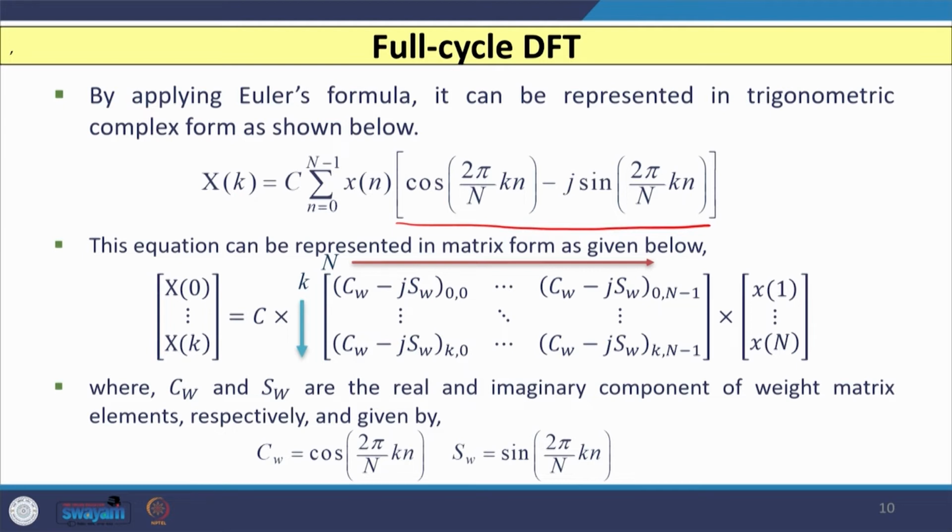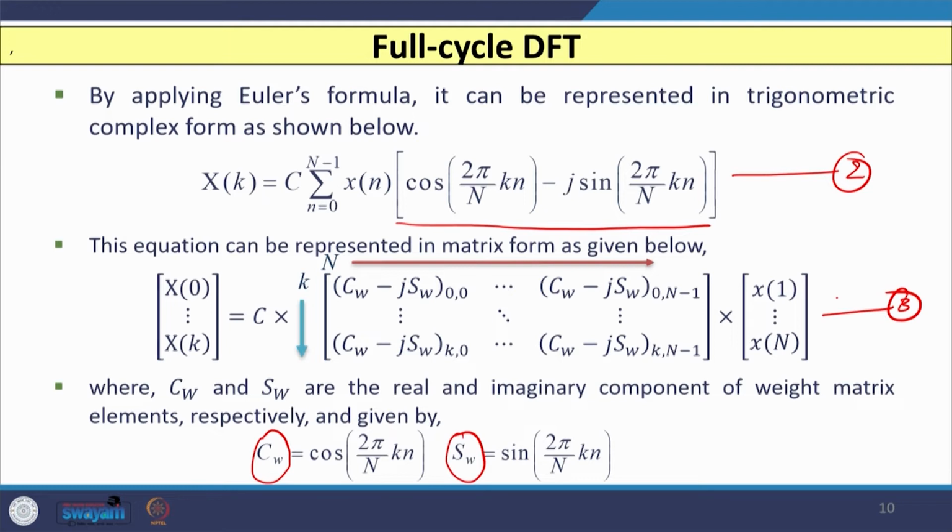If I put cos of 2 pi by N k n as Cw, and sin of 2 pi by N k n as Sw, and write this equation, let us say equation 2, in matrix form, then it can be represented by equation 3.